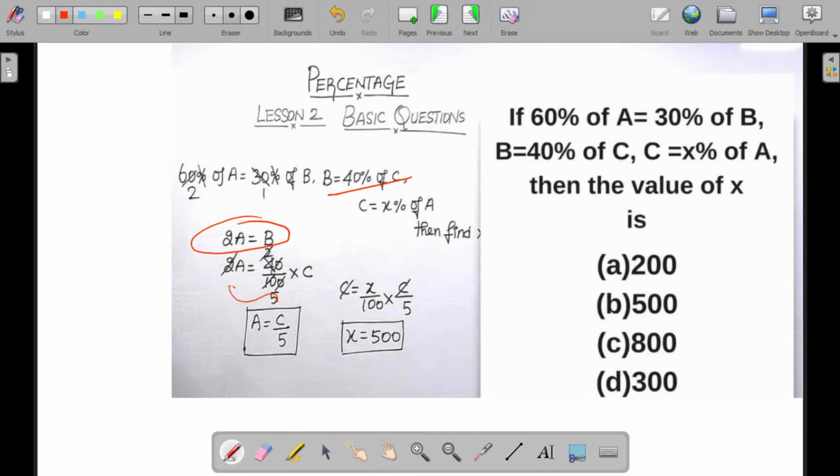So after simplification, we'll get the A value as C by 5. So you put it here. So you will get the X value as 500. Okay, X value as 500. Next question.